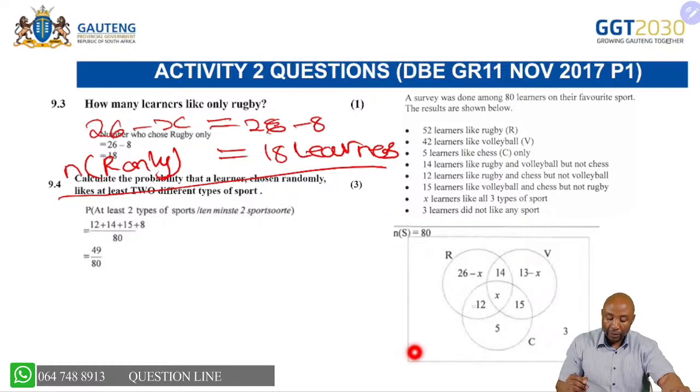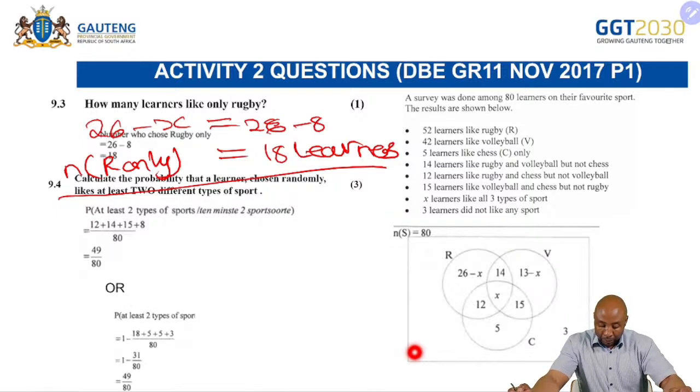It will give us 49 out of 80. That becomes our solution. Or you subtract those who only liked one sport and those who did not do any sport, then it will give us the same answer as what we are getting when we are using both.